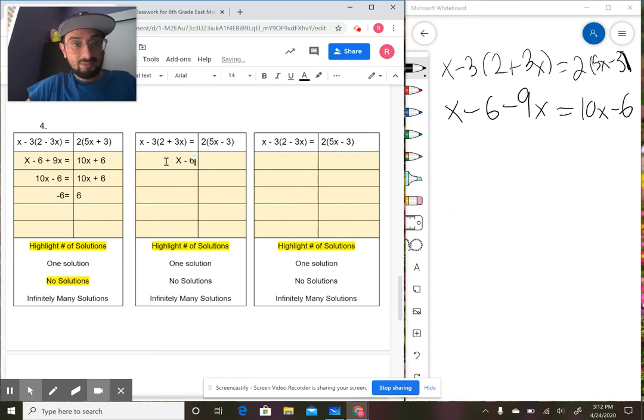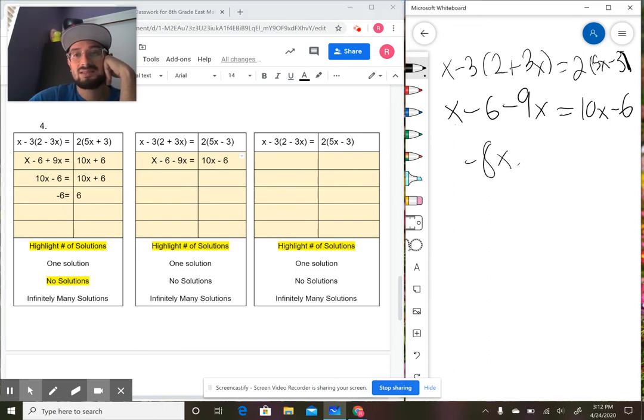Don't forget that you're multiplying by a negative, so you got to keep that. You got to think about what a negative times a negative is. Negative times negative is positive. Negative times positive is negative. So this is a positive 1x and negative 9x. So it's going to be a negative 8x minus 6 equals 10x minus 6.